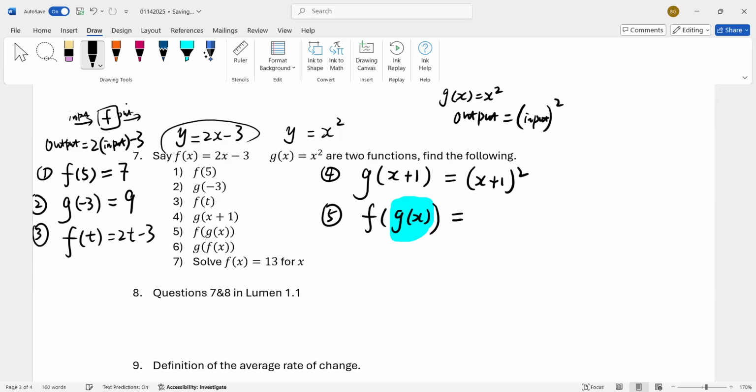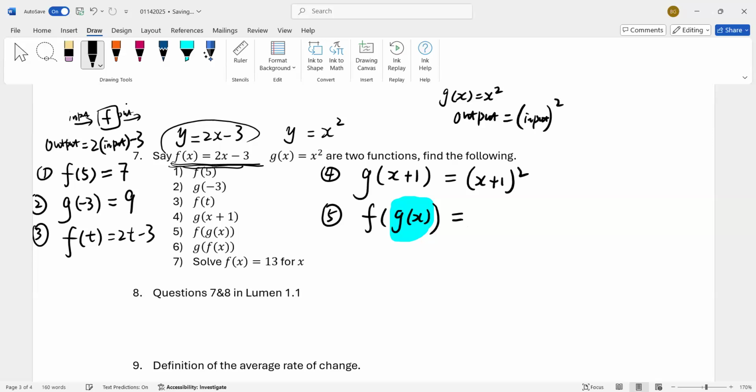Do you see that? Every function is different. Every machine is different. For this specific function, it is given f of x equals 2x minus 3. For that function, the output always equals twice the input, and then subtract 3.